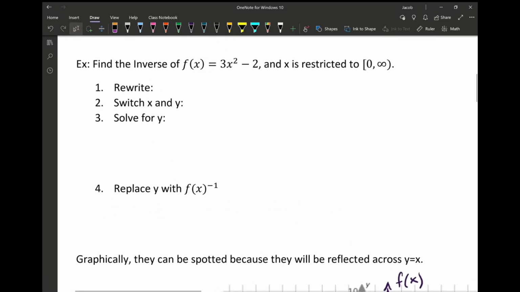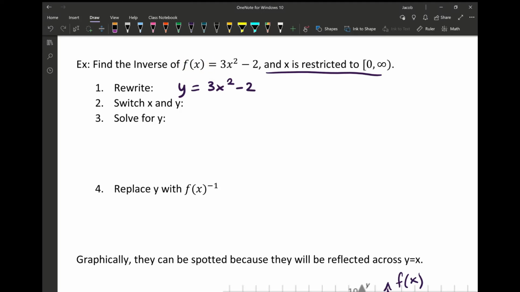So in this first example, find the inverse of this parabola, 3x squared minus 2. And x is restricted to 0 to infinity. We'll get into why this is important later, but just swapping x and y and rewriting this function so that we even have y in it is important, because we're not used to working with function notation, which is, remember, that's what f of x is saying.